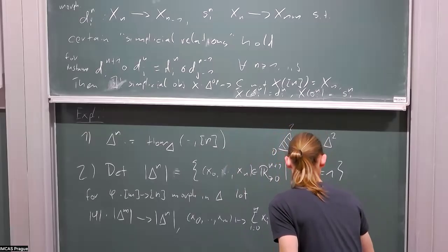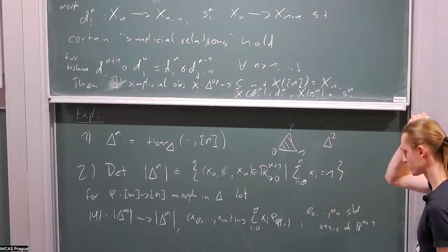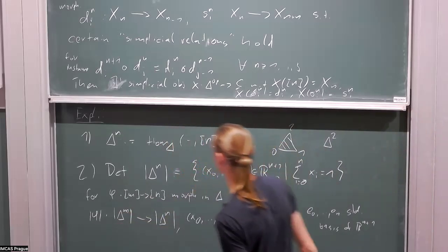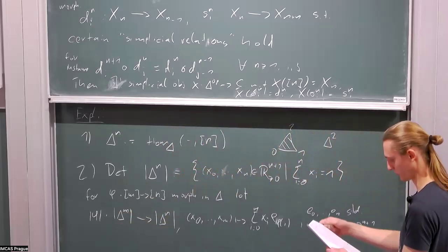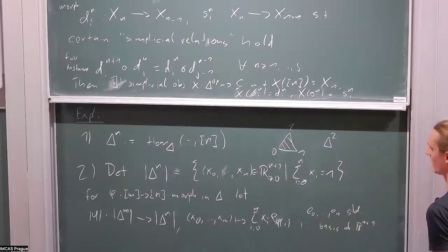This is the standard basis of R^{n+1}. So every morphism in the simplex category gives me a continuous map. And so now, using this, I can associate to any topological space X a simplicial set.